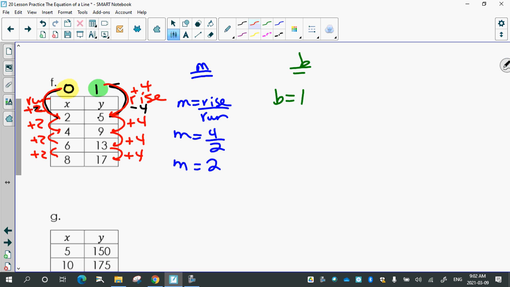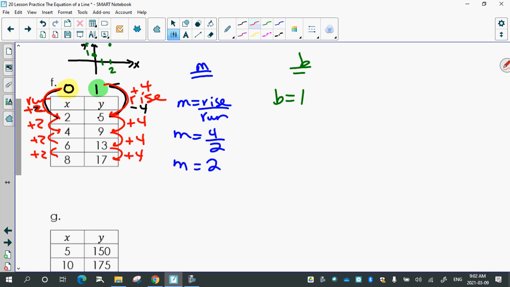So if you were drawing a picture here, when x is 0, y is 1, so that's 1 there. When x is 2, y is 5. So here's 2, and then 5 is up here. Okay, and it's going like that. You see that?